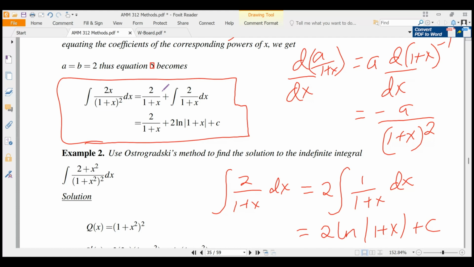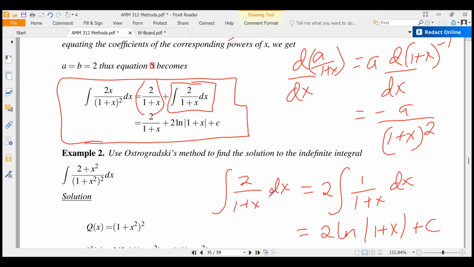That is the rational part, which is this one, 2 divided by 1 plus x, and the logarithmic part, which is the second one, that integrates to the logarithm of 1 plus x. Those are the two parts that we mentioned earlier. So this is how the method works, and how it can be applied to solve a problem.